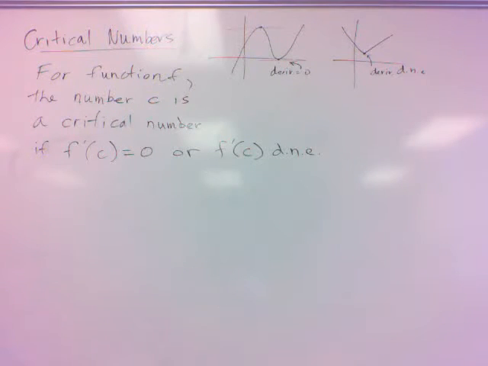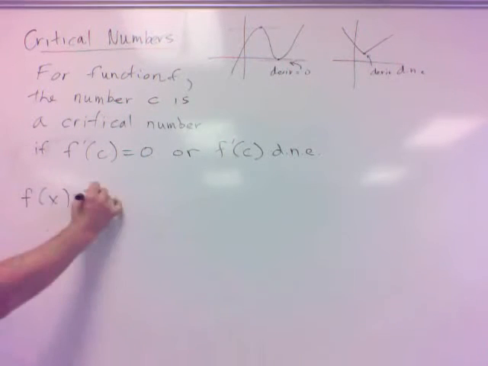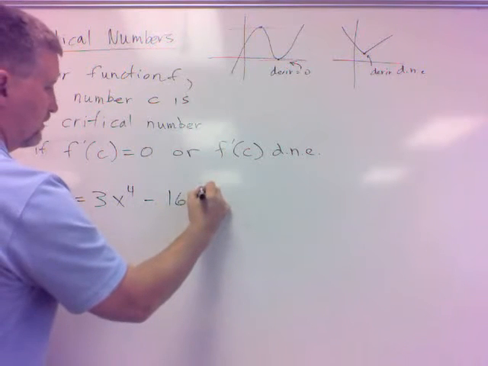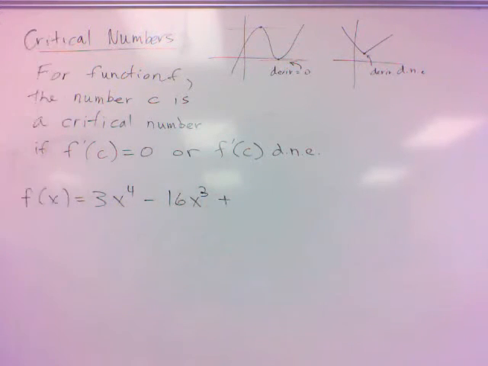All right. So let's go back to the first one we had on that handout. f of x equals 3x to the fourth minus 16x cubed plus 18x squared.